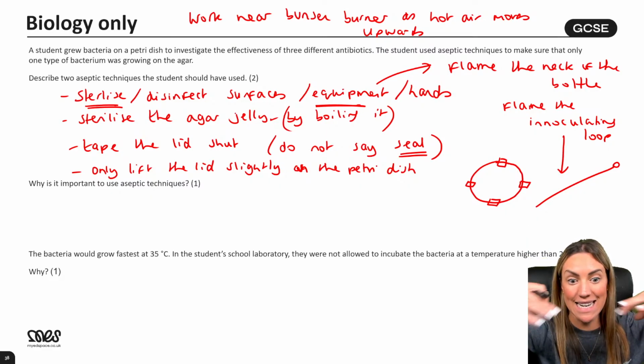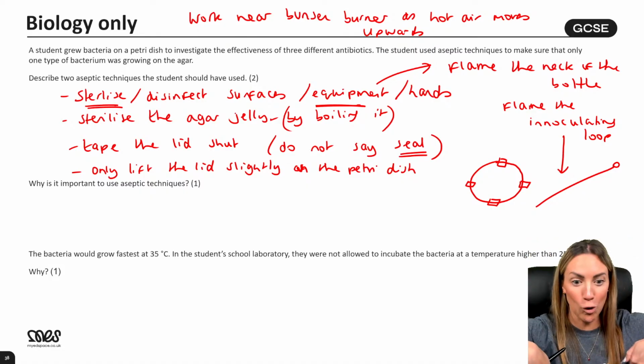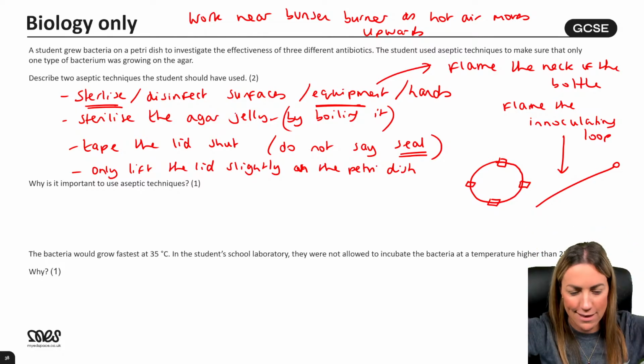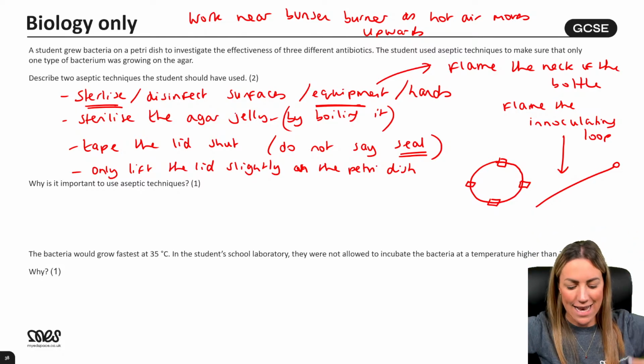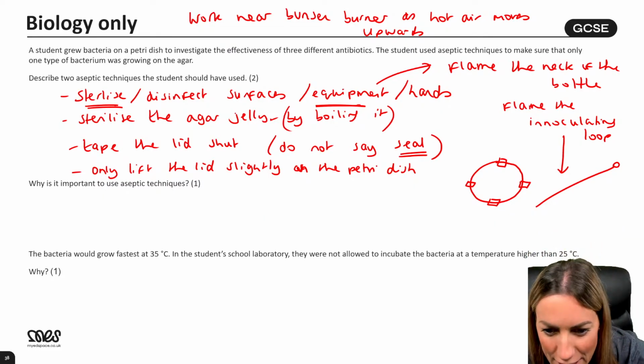So if there's any bacteria in the air, they're going to move up instead of falling on your Petri dish, right? They're going to be carried up, and you're setting up this convection current. This is like physics now. But the hot air rises, carries the pathogens up and away, so they don't fall or contaminate your Petri dish.